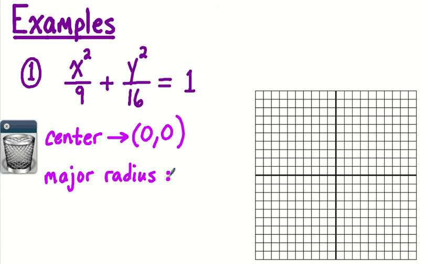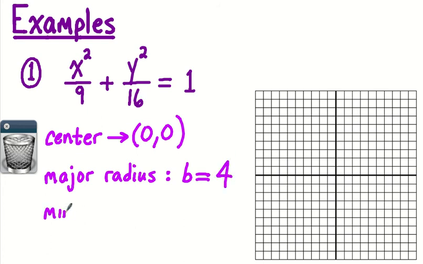Again, it's not necessarily A or B. It's not necessarily A. It's the larger one. So in this case, our B value is our major radius. So let's say that B equals 4, because that's B squared.